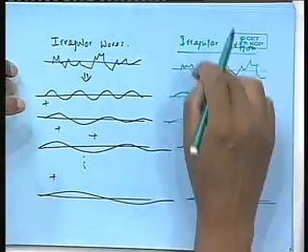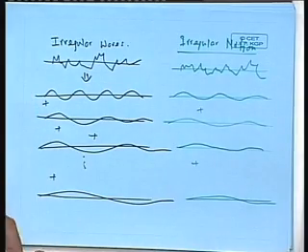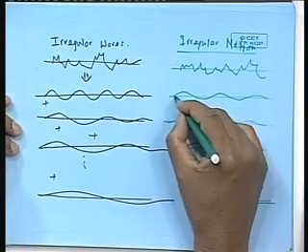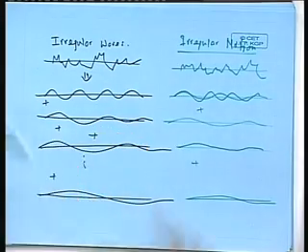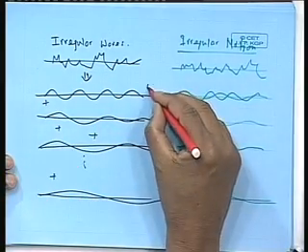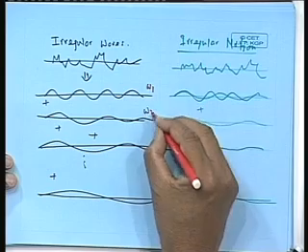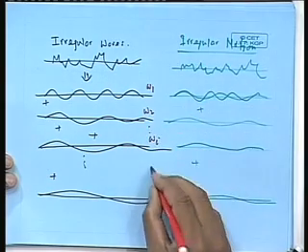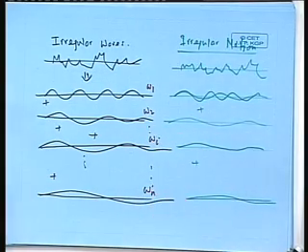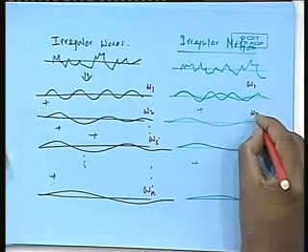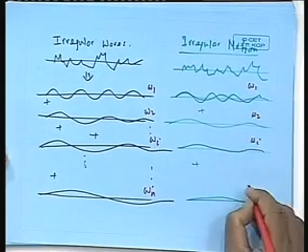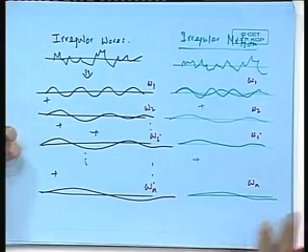Sorry, I should have broken it down in the same frequencies. Let us say we have broken it down to a frequency of omega 1, this omega 2, like that, this is omega i, like that, this is omega n, n number of frequencies. Here also I can break it down to the same ones, up to omega n.